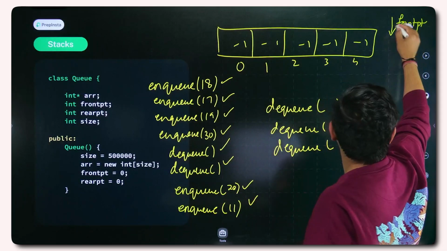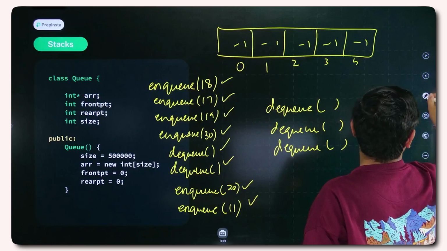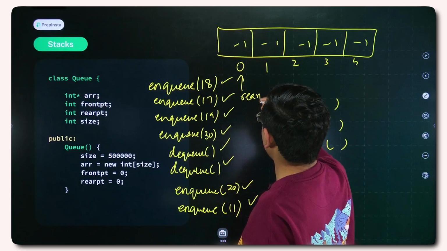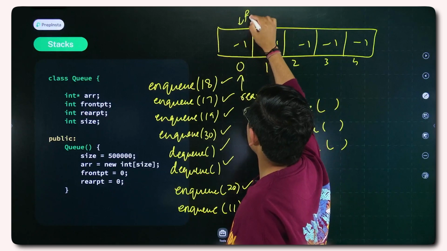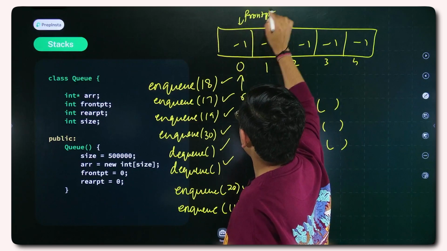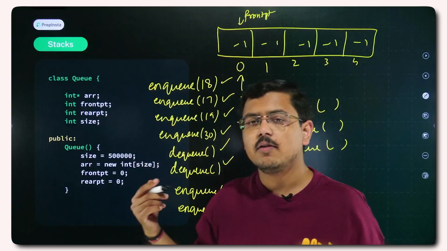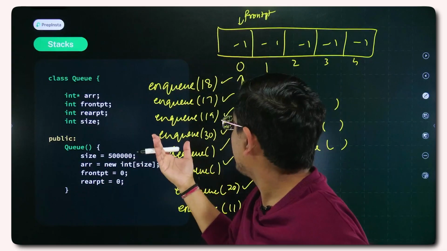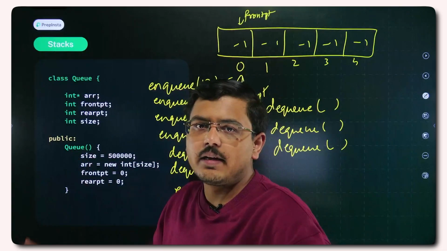This pointer of front and rear would reach here. So, rear would also point here, rear PT comes here, front PT comes here. We had done that earlier so that we can again start from the first value, first index, and we can begin writing it afresh.